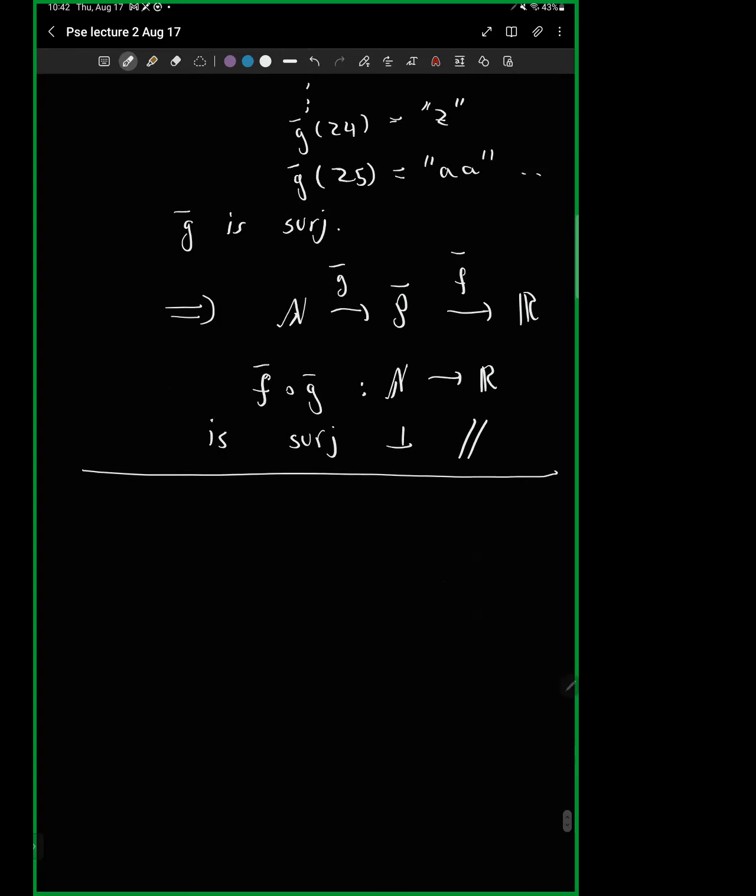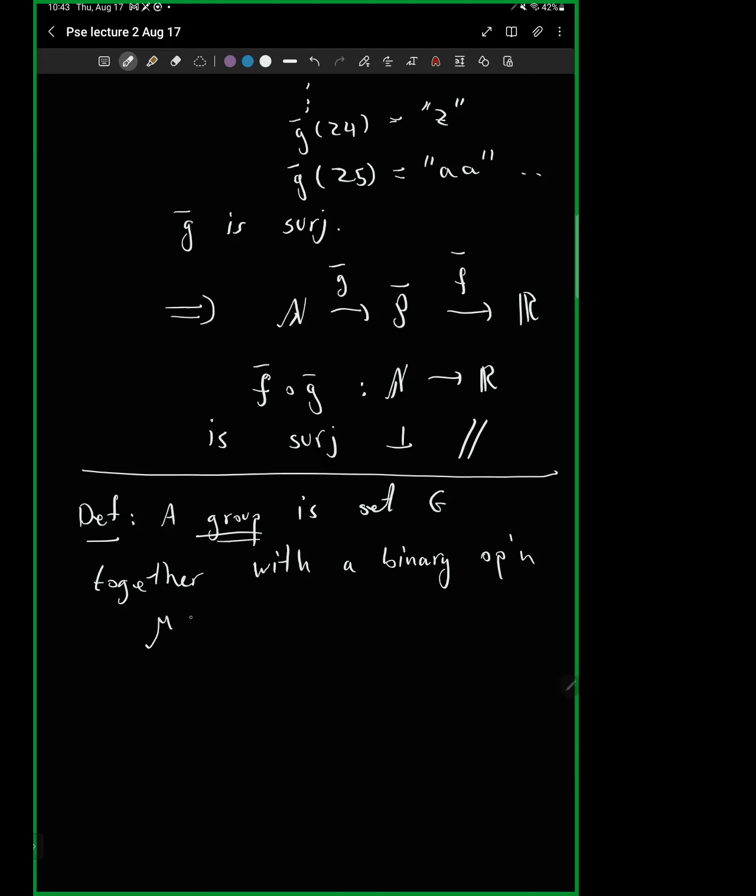So a group is a set G together with a binary operation, which I call, at the moment, mu.